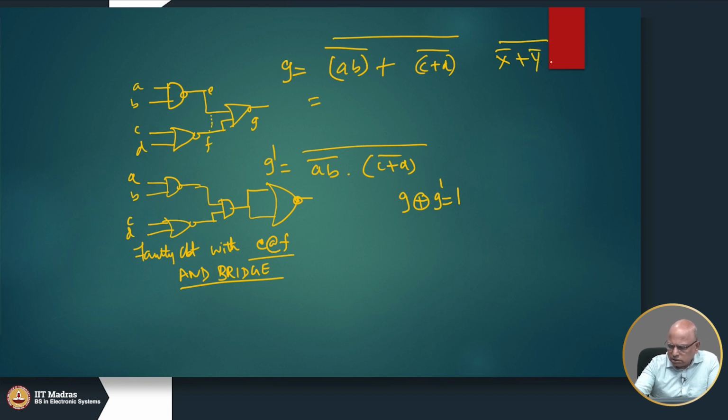So this is nothing but x dot y, because x bar plus y bar is xy whole bar, and that inverted is xy. So here x is AB and y is C plus D.